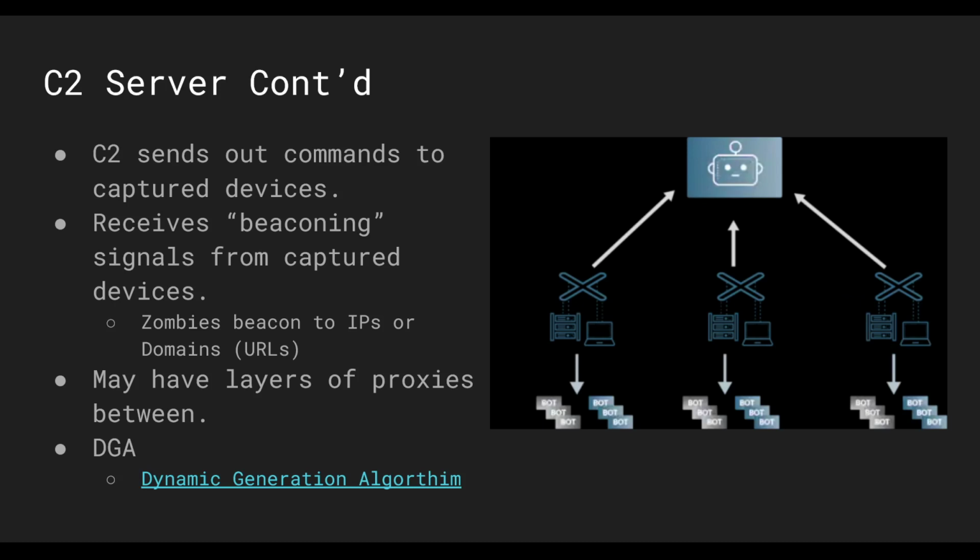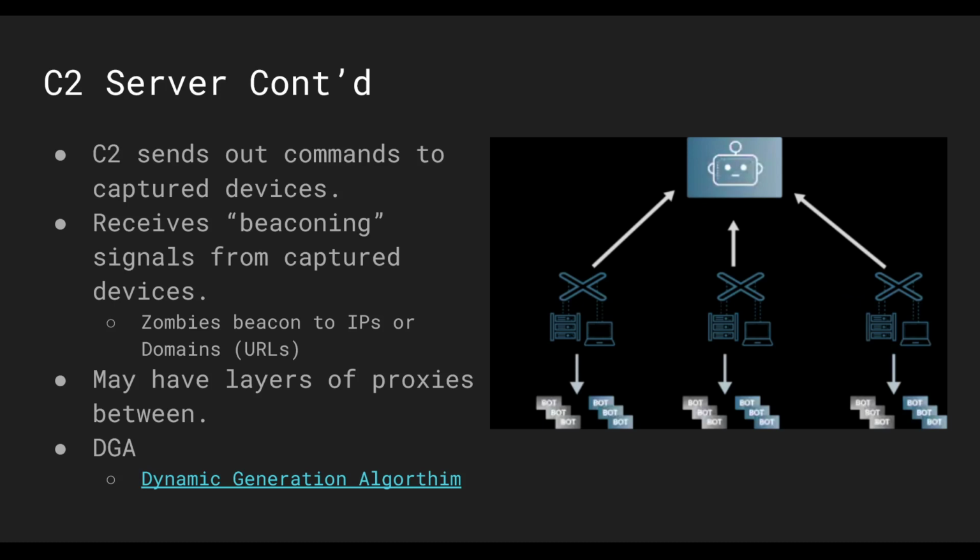So continuing that, that central hub, that command and control server, is always listening. Depending on the deployment of the command and control agents, the server itself is listening for those agents to reach out to it, the zombies to call back to the command and control server once they've been successfully deployed. That's called beaconing. That's a really common term in the cybersecurity industry, beaconing.